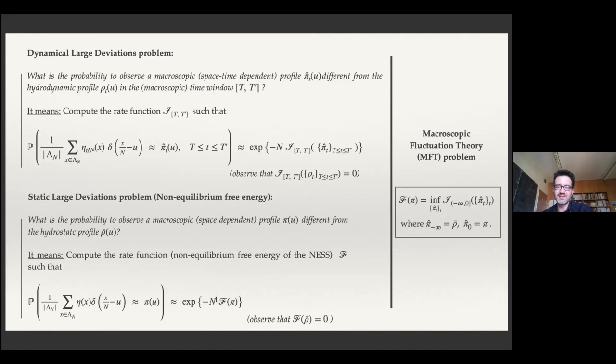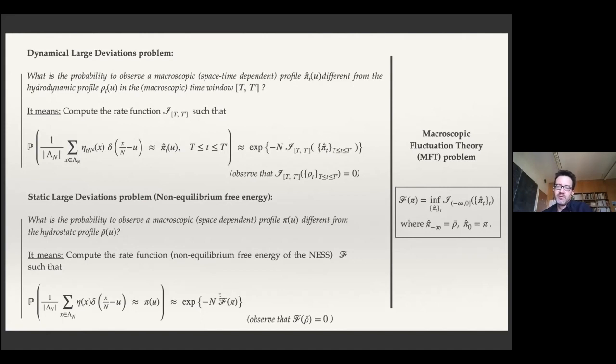They were able to compute this F of pi, but usually when you consider some other system, it is almost impossible to determine it directly. While here, to determine this rate function, there exist robust methods which are available for generic models.